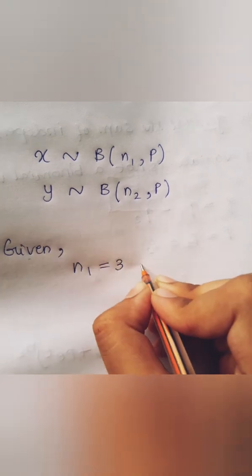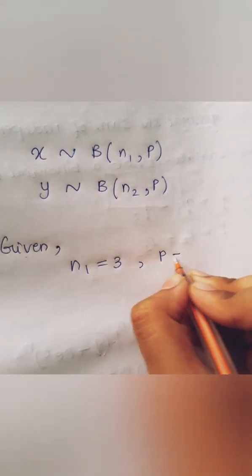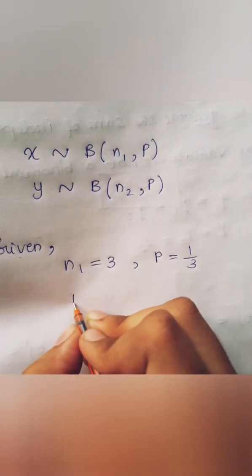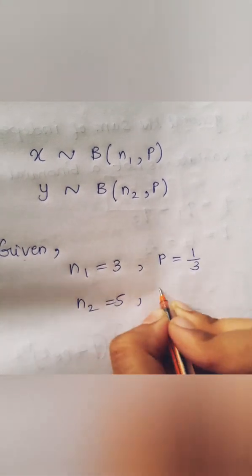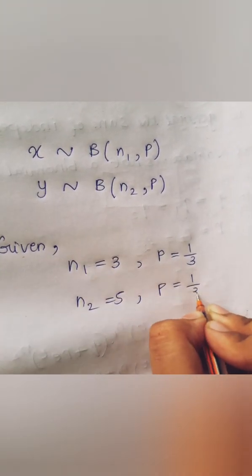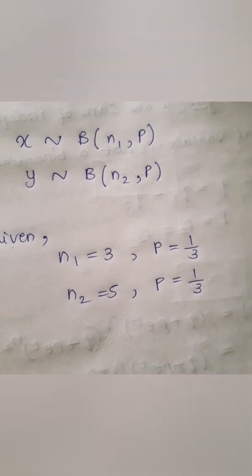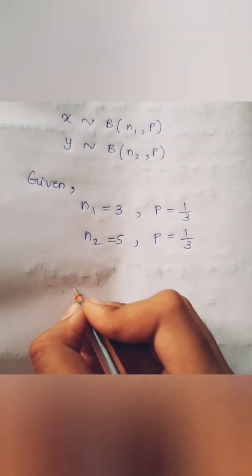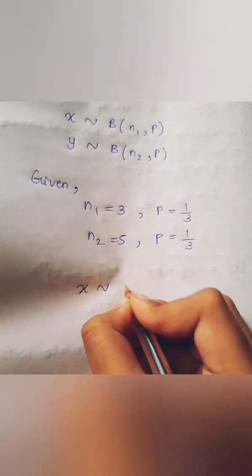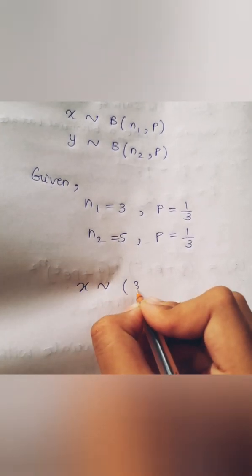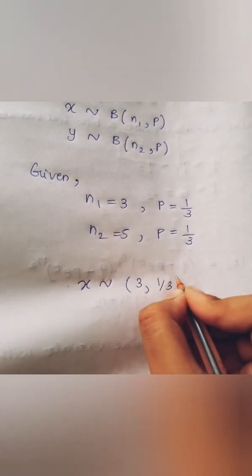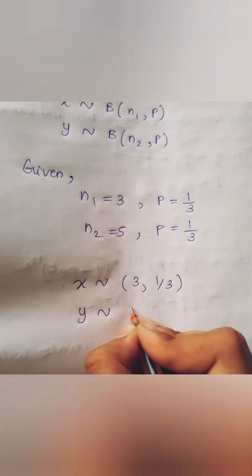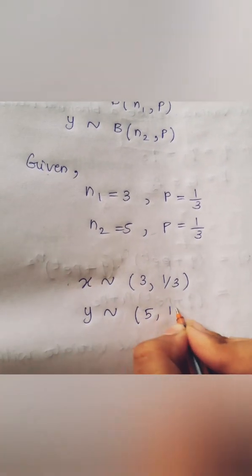n1 is equal to 3 and p is equal to 1 by 3. n2 is equal to 5 and p is equal to 1 by 3. So we have to apply in the above. So it becomes X variate 3 comma 1 by 3 and Y variate 5 comma 1 by 3.